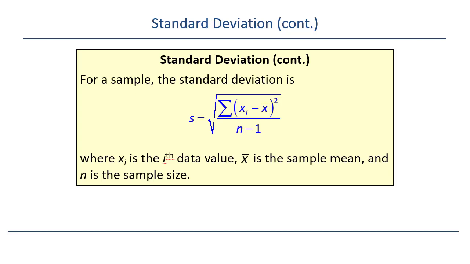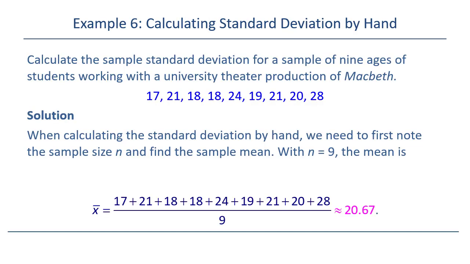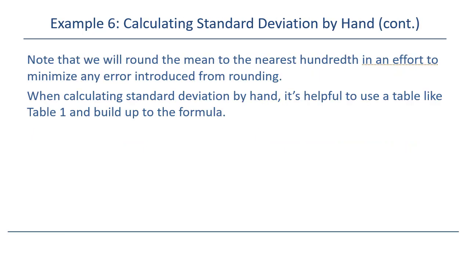And when you divide by a smaller number, right, you get a bigger result. So it helps kind of undo that systematic underestimation.